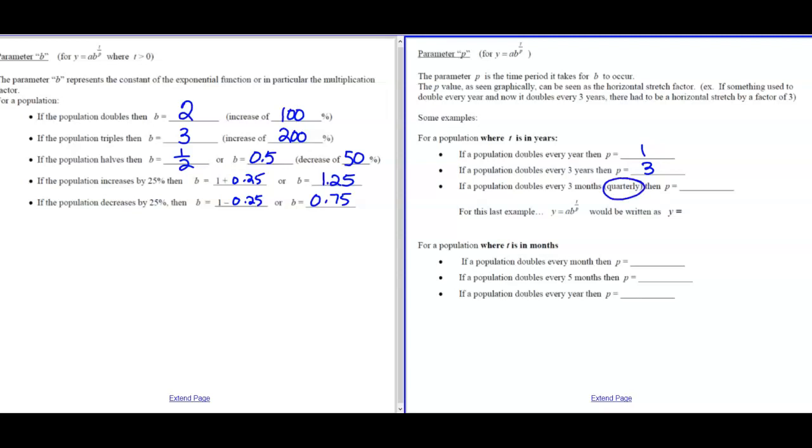That was 3 years. If t is in years, we have to put p in terms of years. So every 3 months is 1/4 of a year. Same units. Okay, so if we were to put that into our equation, we have A times b to the t over 1/4, which is A times b to the 4t.